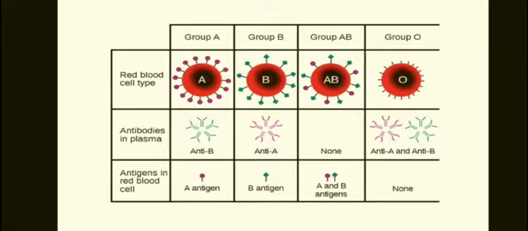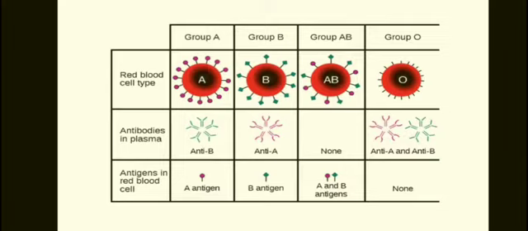When an individual displays A antigen on the surface of their red blood cells, they produce antibodies in the plasma, and in the case of blood group A it is anti-B.